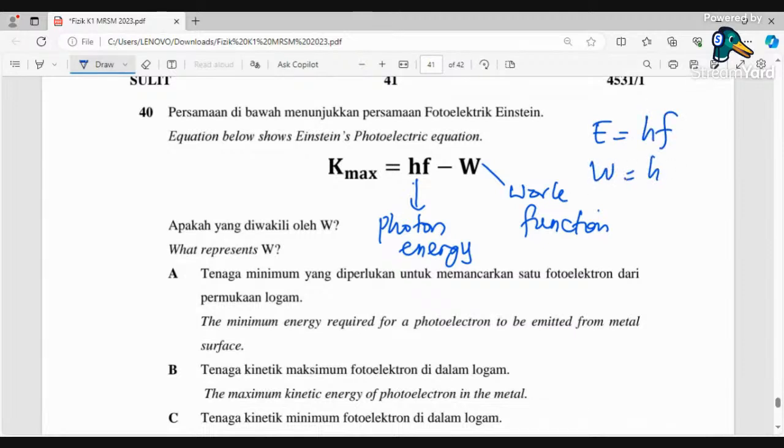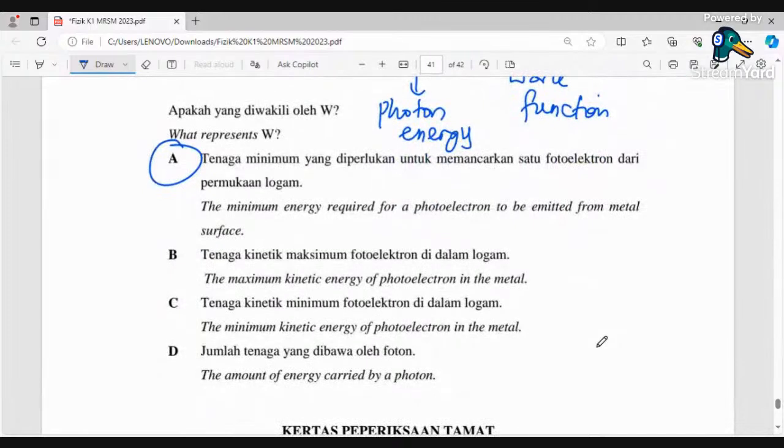W ialah hf0. f0 ialah threshold frequency. So what is represented by W? Minimum energy required for photoelectron to be emitted from metal surface. Memang definition pun. Okay, kita tengok yang lain. Maximum kinetic energy. Ini bukan maximum. Minimum pun bukan. Amount energy carried by photon. Bukan.